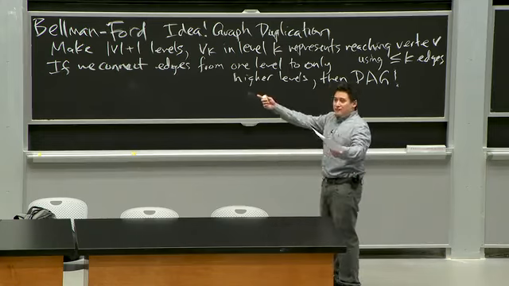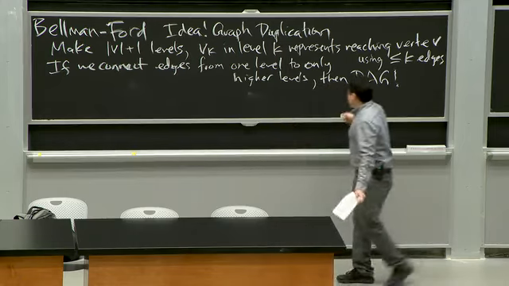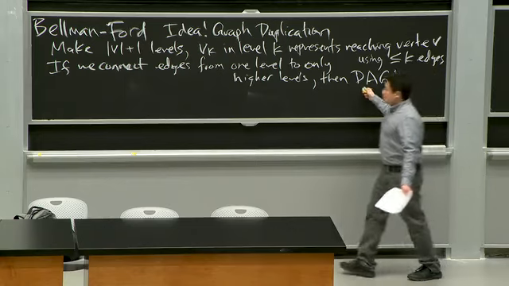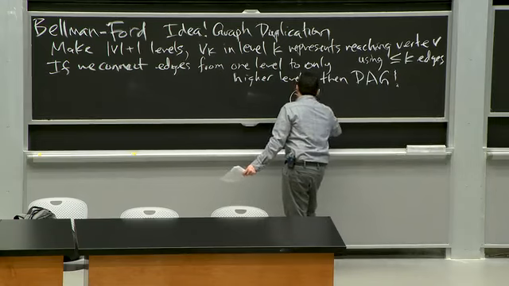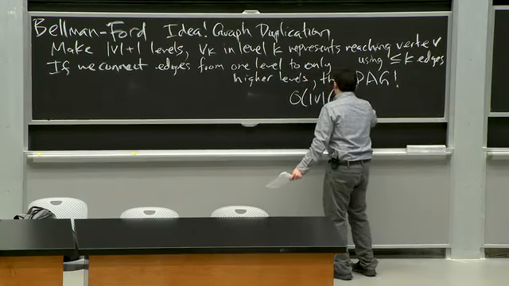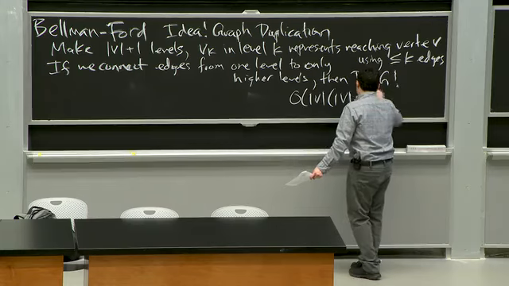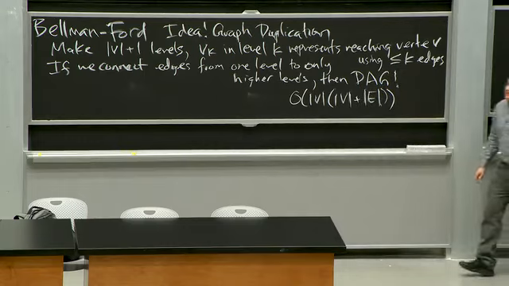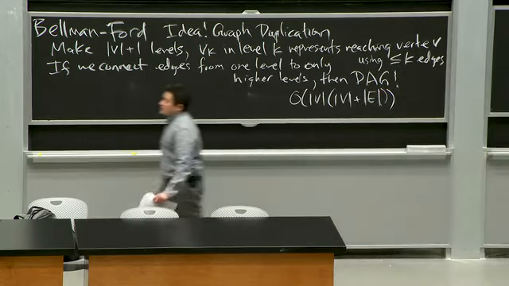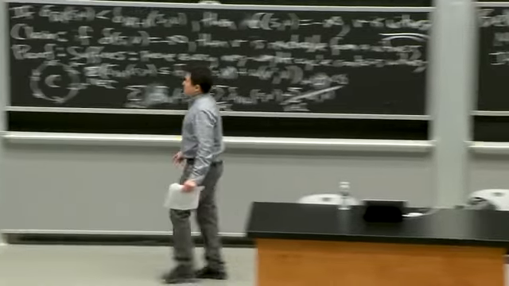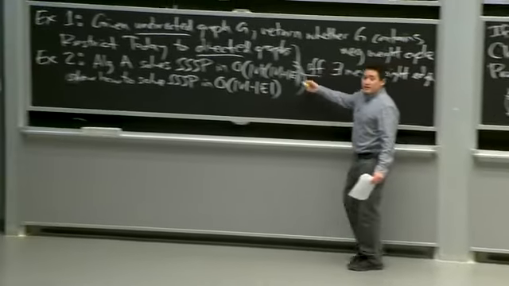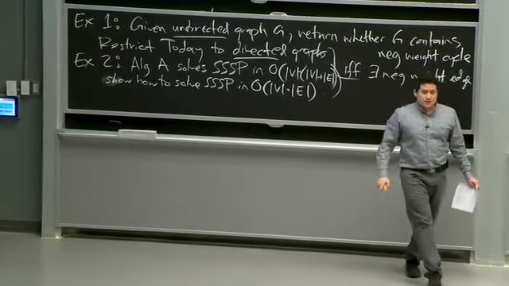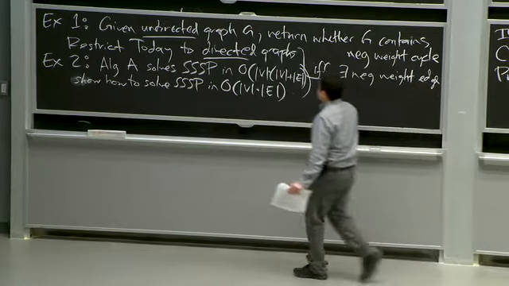But if we made our graph V times larger, and we ran a shortest path algorithm in linear time with respect to that graph, then that graph has something like size V times V plus E. That looks familiar, maybe? That's this running time, right? So if we can find an algorithm that runs in that running time, we can get down to V times E. Okay? So let's try to do that.